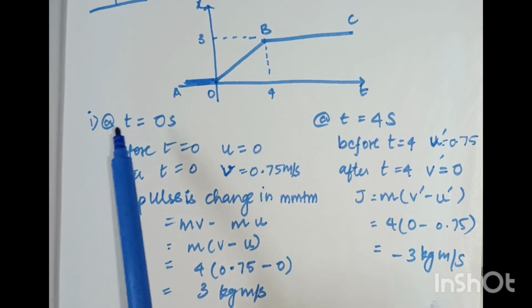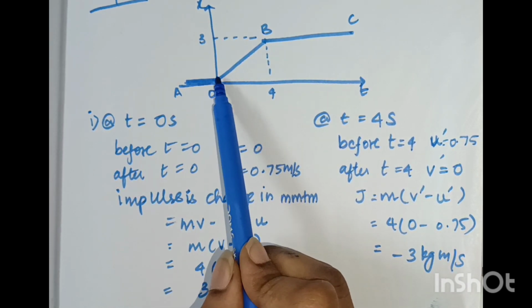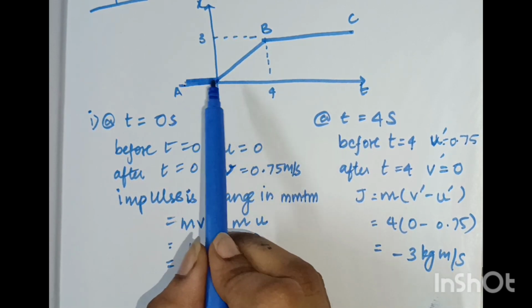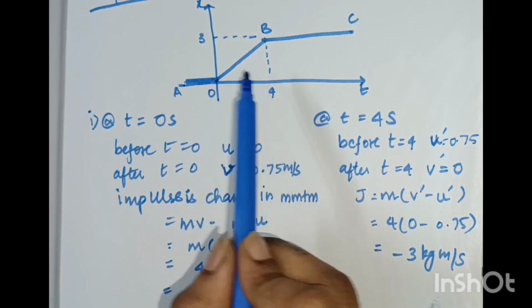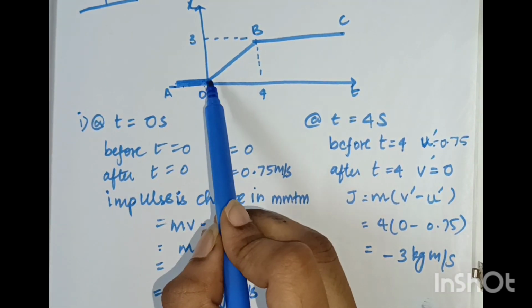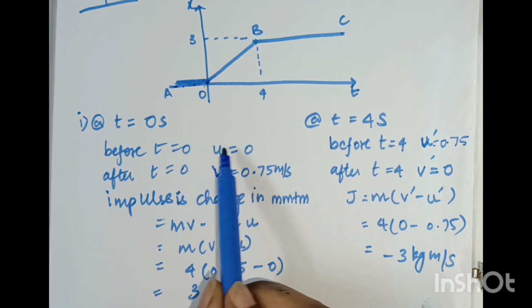For finding the impulse at t equals 0 second, we have to see what the velocity is before and after t equals 0. What is the velocity before t equals 0? That is 0, so u is 0.